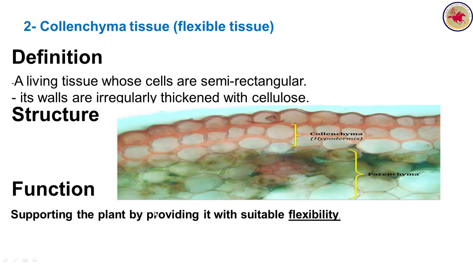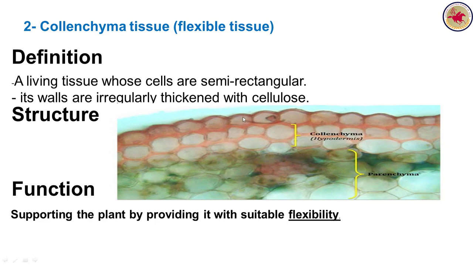Number two, collenchyma tissue, the flexible one. This is the shape of the collenchyma tissue under the microscope. It is semi-rectangular in shape, not circular like parenchyma, and surrounded with thickening from all sides. It has irregular thickening with cellulose. Due to its thickening with cellulose, it is a living tissue, like parenchyma.